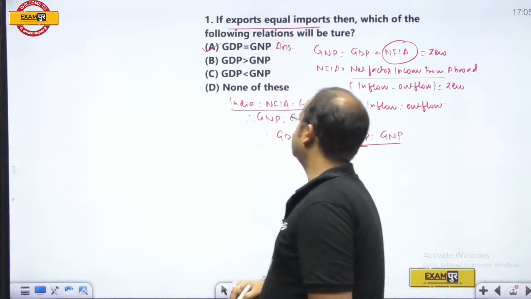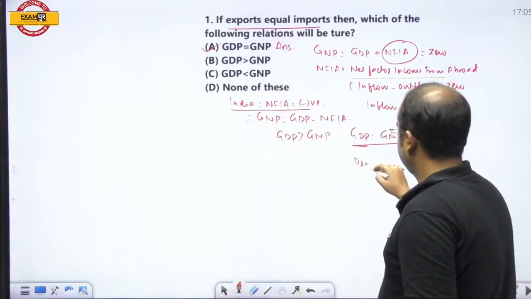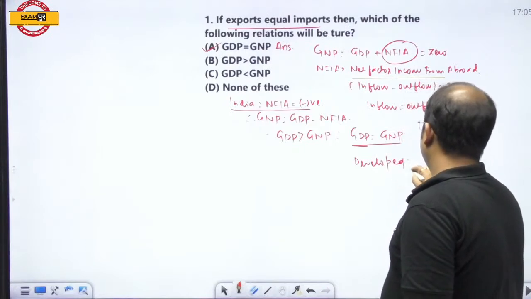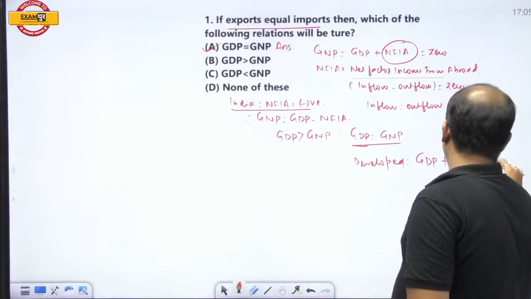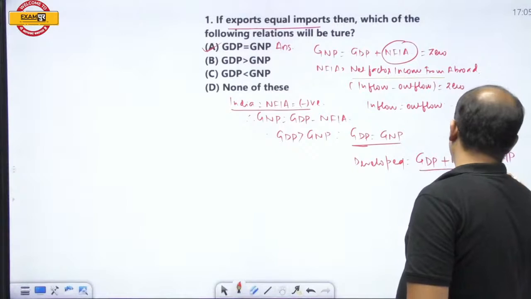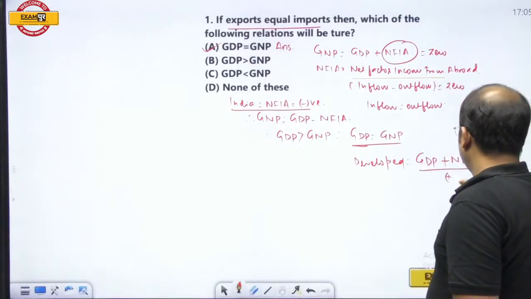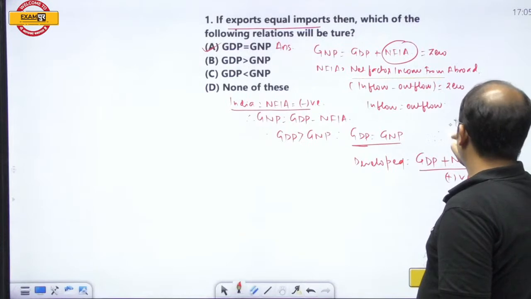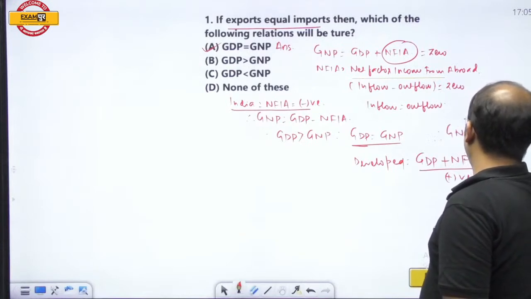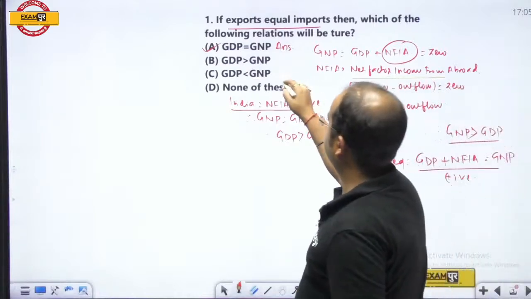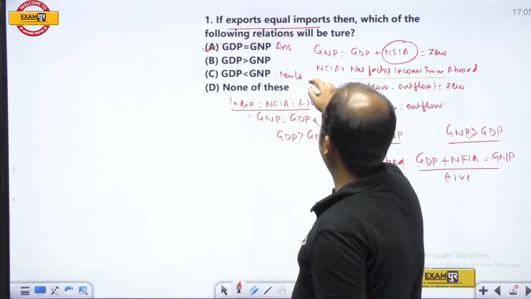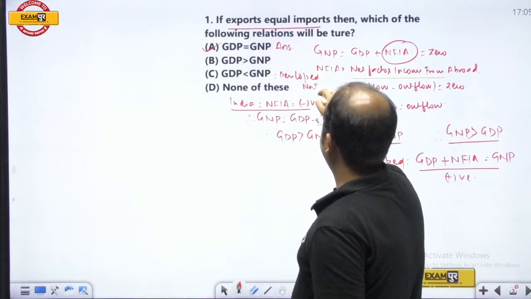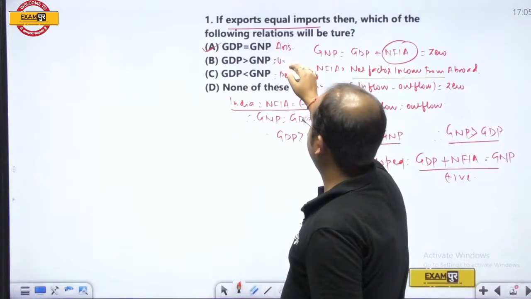That is for a developing nation. And if the country is developed, GDP plus NFIA is equal to GNP. In this case NFIA is positive, therefore GNP will be greater than GDP. That is for a developed nation.